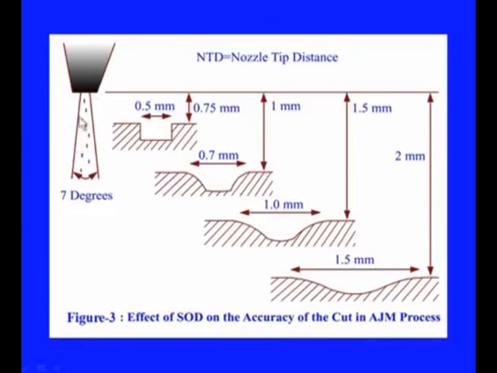Also, these particles will lose some energy during flight while overcoming the resistance. Another important point here is that the inaccuracy due to this divergence will increase. So taper formation takes place, which can be minimized by keeping the nozzle to work surface distance at a particular optimal distance.